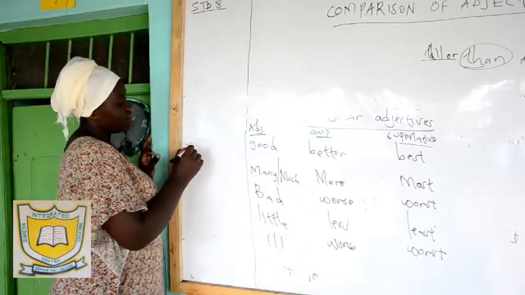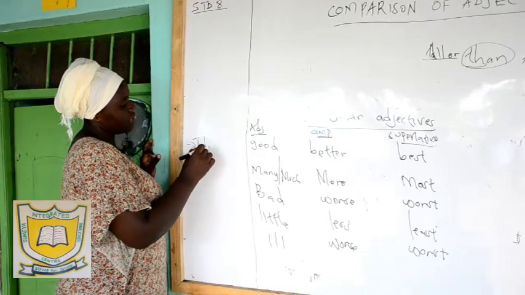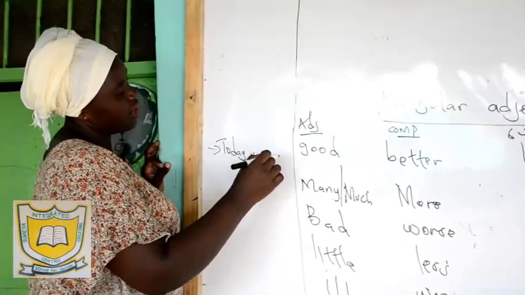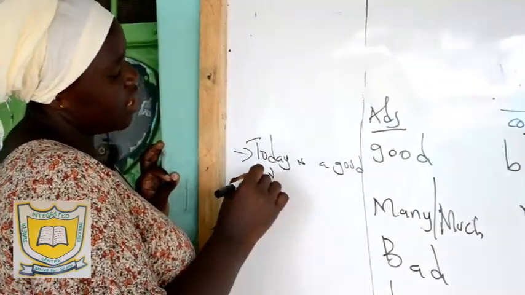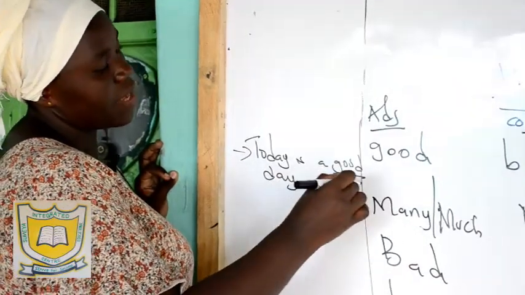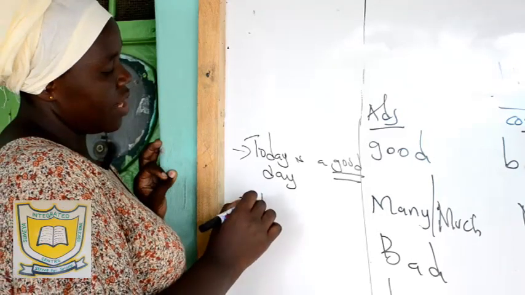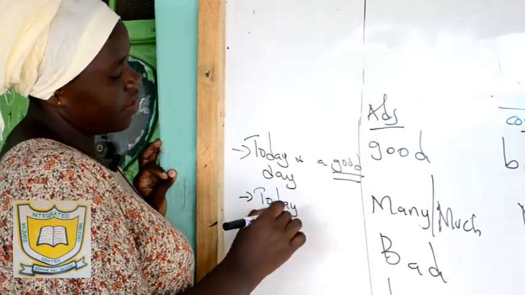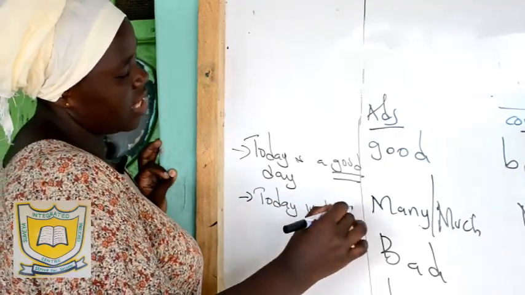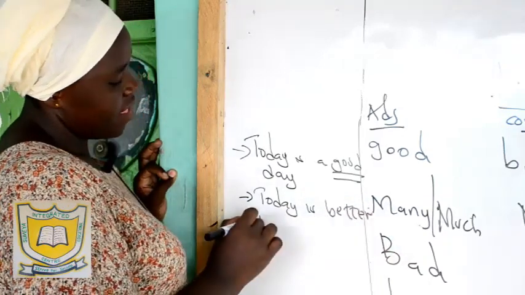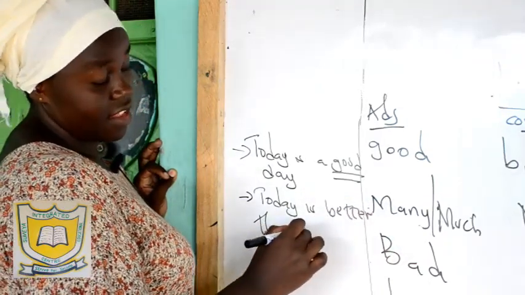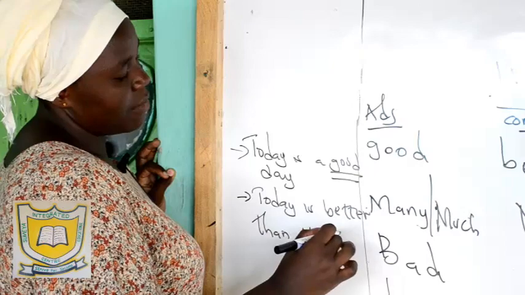For example, I'll say today is a good day. Good is my adjective. I'll say today is better than yesterday. So what am I comparing?